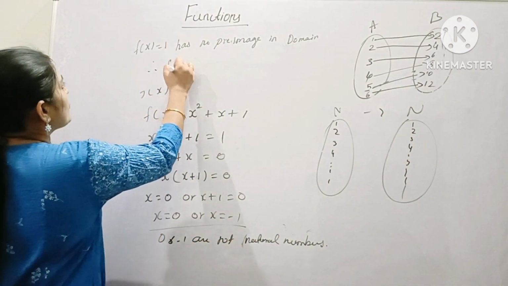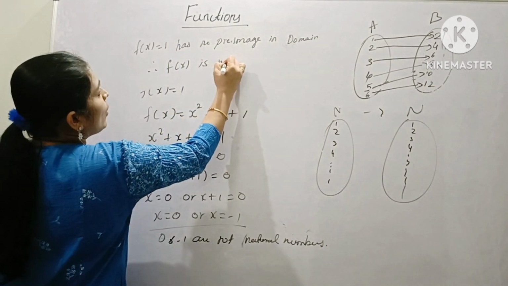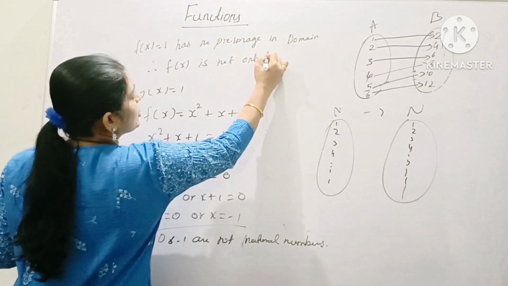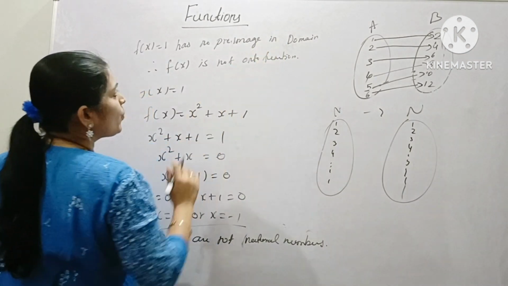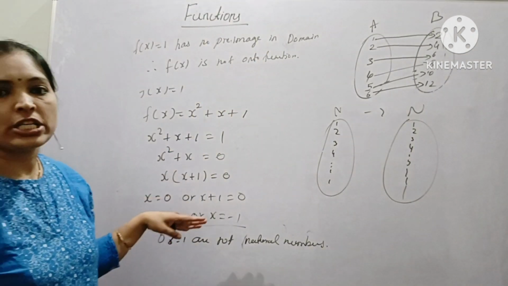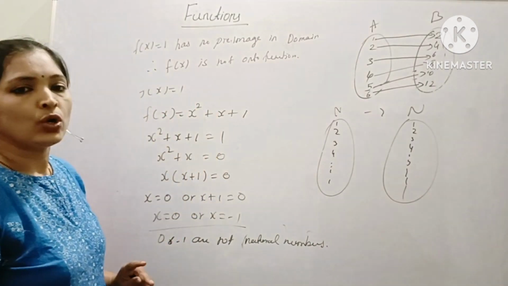Therefore, the given function is not an onto function. Okay, so we have proved the given function is one-one but not onto.